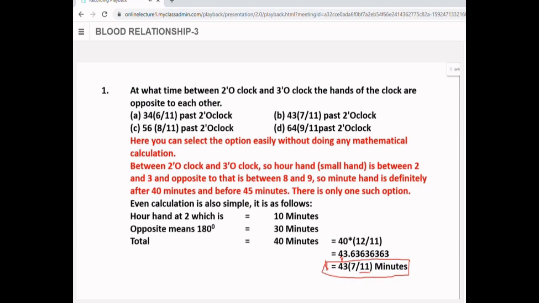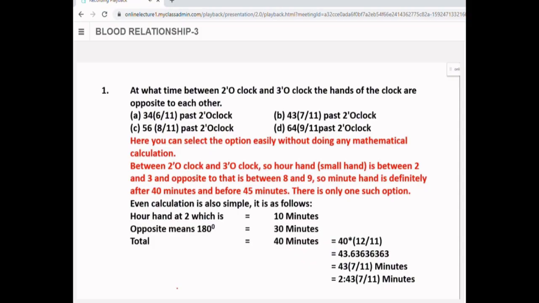So the answer is two hours, 43 and 7 upon 11 minutes. The clock will be exactly having 180 degree. So at what time will you have 180 degree? At 2 hours and 43 and 7 upon 11 minutes.